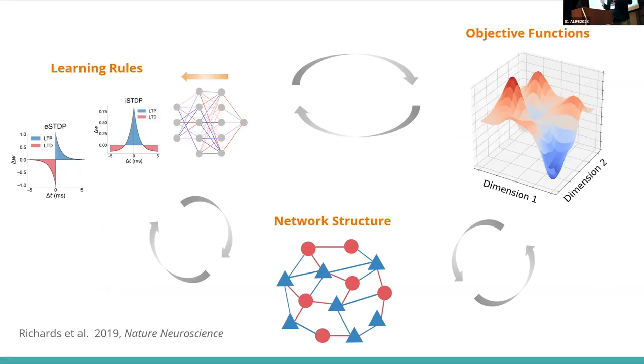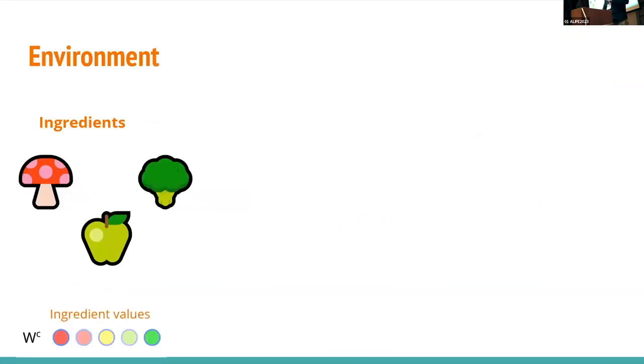So for this, we think of a very simple system. We think of an environment which has a bunch of ingredients. Each ingredient has some given value, which can be positive or negative. And then these ingredients are combined in different quantities to create food items. So each food item is a vector, and it has a given quantity of different ingredients.